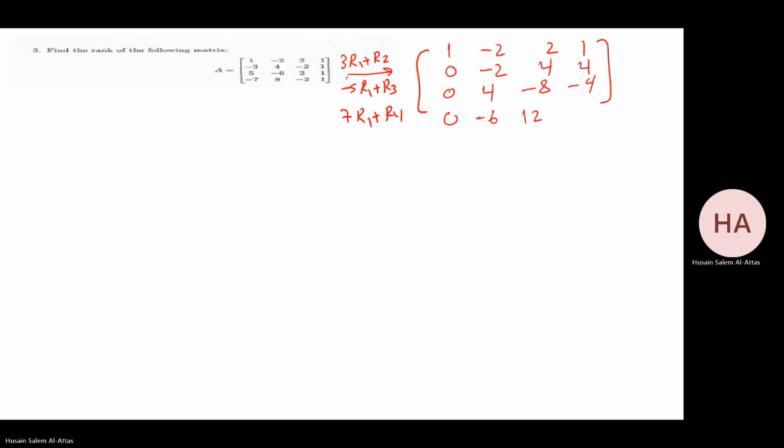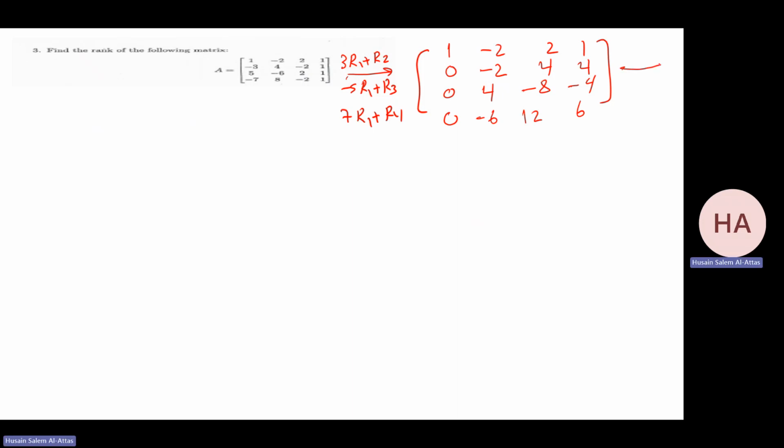Yeah. 10 minus 6, 4. Minus 10 plus 2, minus 8. Minus 5 plus 1, minus 4. Okay. Last one. By 7 and add. Minus 14 plus 8, minus 6. 14 minus 2, that is 12. 7 plus 1, that is 8.